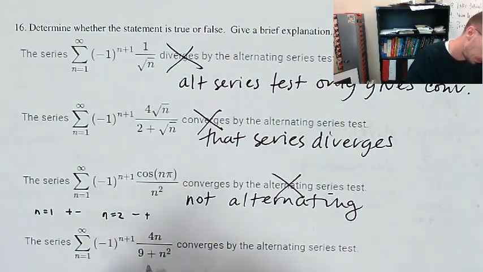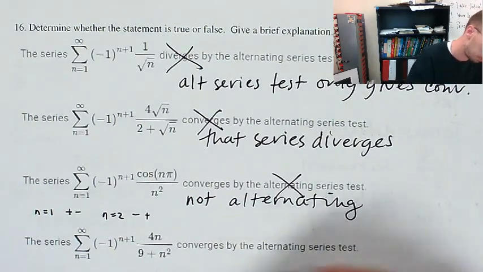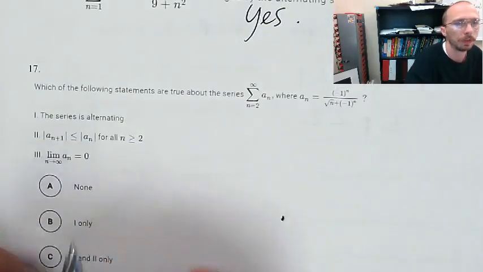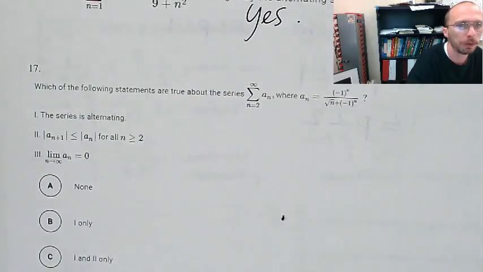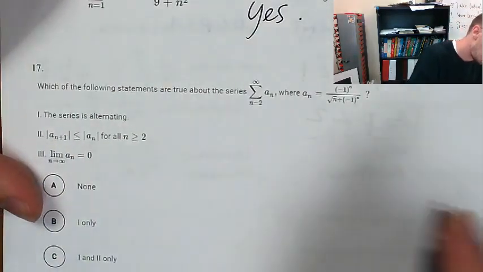Then this series converges by the alternating series test. Yes, it's bigger on the bottom, it's alternating, yes. Finally. Which of the statements is true about the sum from 2 to infinity of a_n? This is not something you're familiar with. Adding negative 1 to the n in the denominator doesn't make any sense, so we're going to write out some terms.